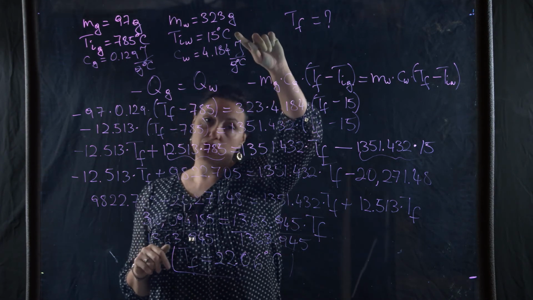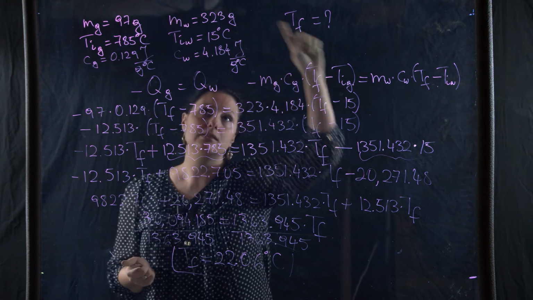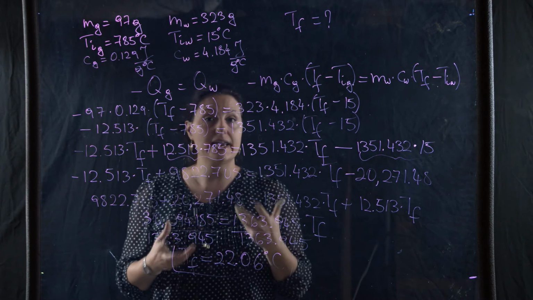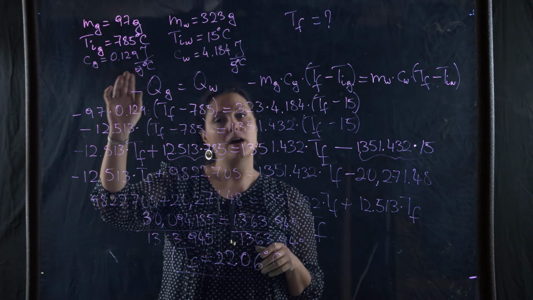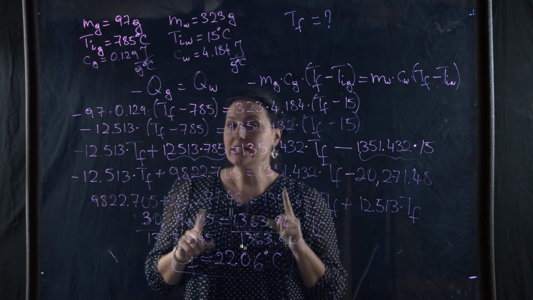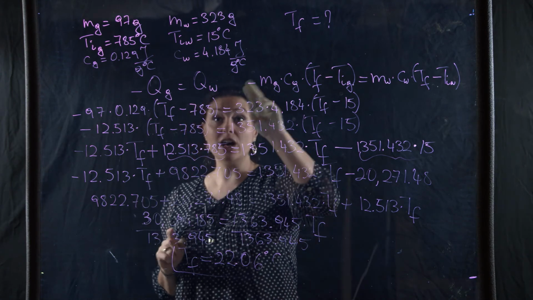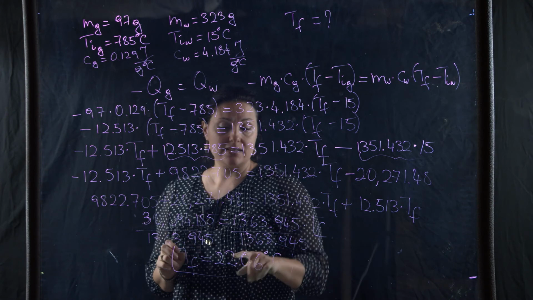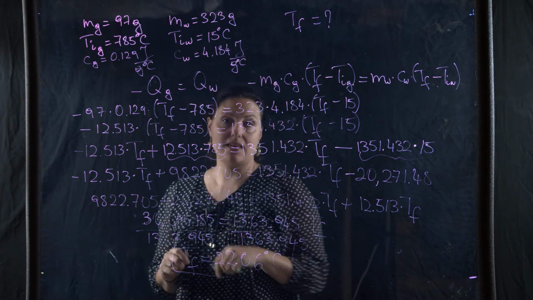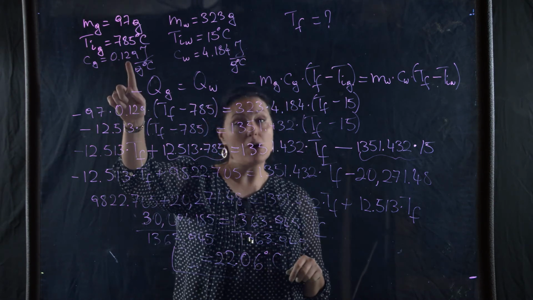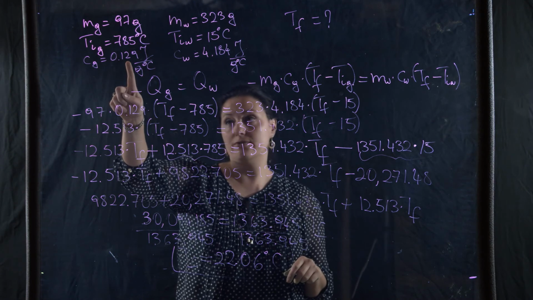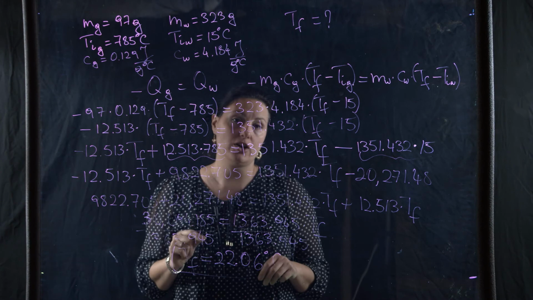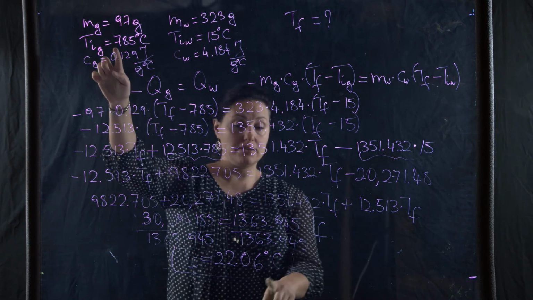The initial temperature of water was 15 degrees, and the final temperature is higher than that because the water gained all of that heat that was lost by the gold. Notice the temperature change. Because water has such a high specific heat, the temperature change is not that much. Look at how small the specific heat of gold is, which means that it loses heat very quickly. And you can see the difference in temperature.